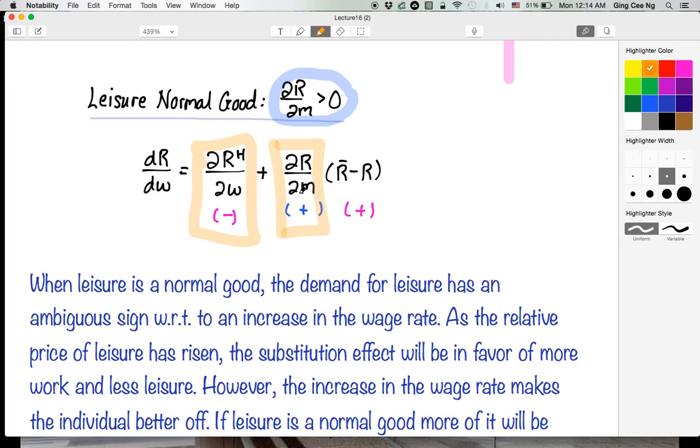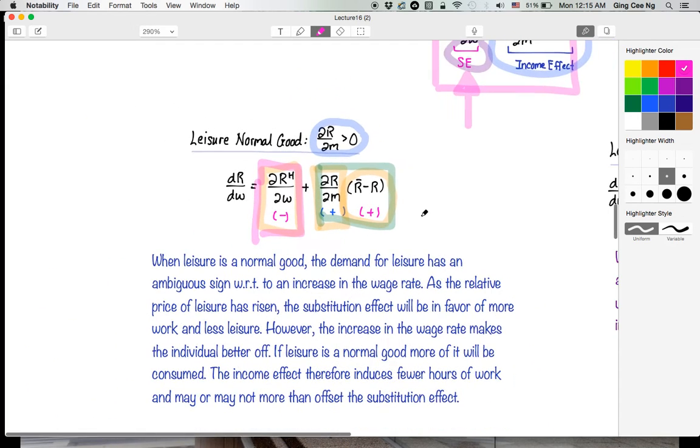Because if leisure is a normal good, this derivative here is positive, and R bar minus R, by the time constraint, is always going to be positive or 0. Probably positive. So whether the income effect, which is this whole thing, is bigger or smaller than the substitution effect is going to determine the overall sign of this derivative.